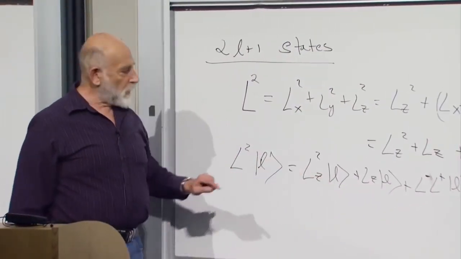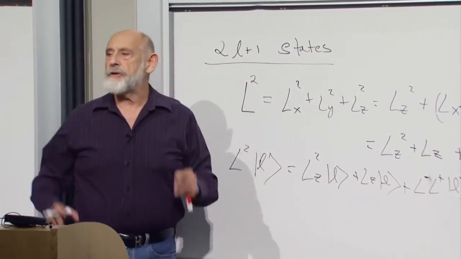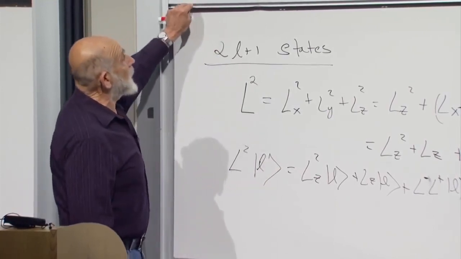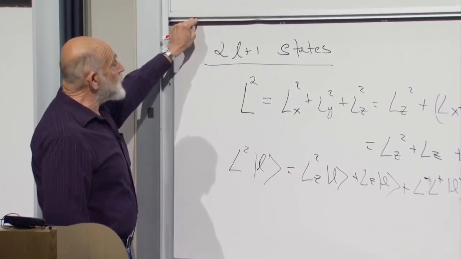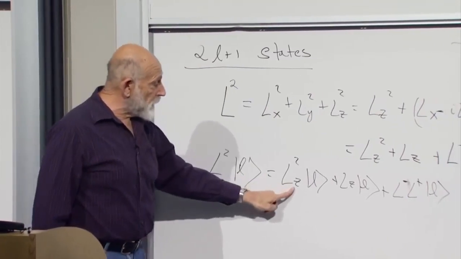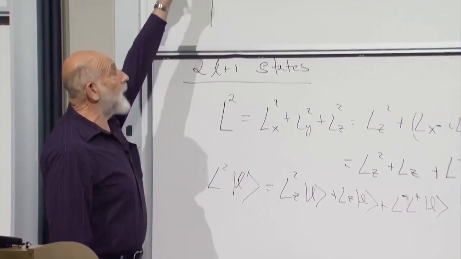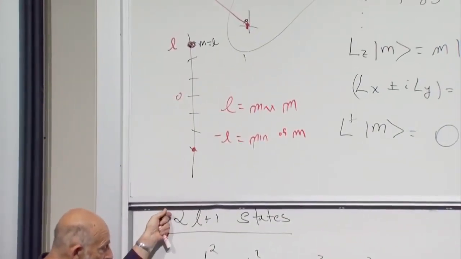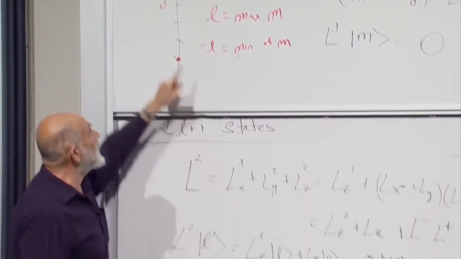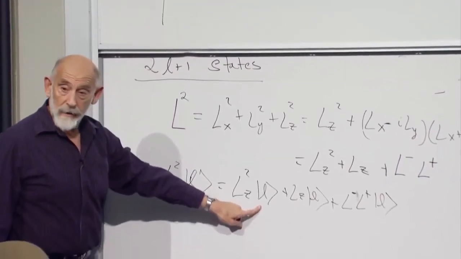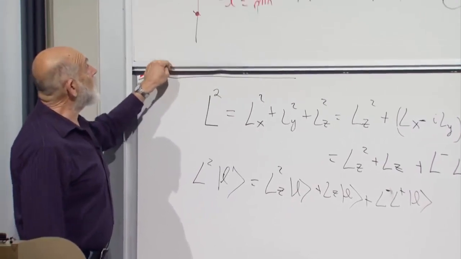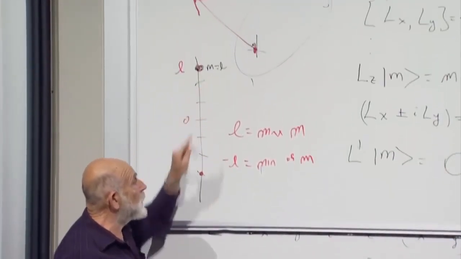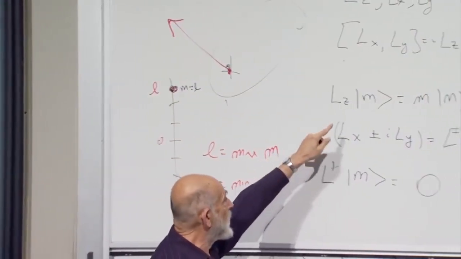Okay, first of all, what is this script L here? It's an eigenvector. Remember what it stands for. It stands for the eigenvector of Lz with the highest possible value in this multiplet. What is Lz? Lz is equal to little l in the state up here. Let's just go back a minute.